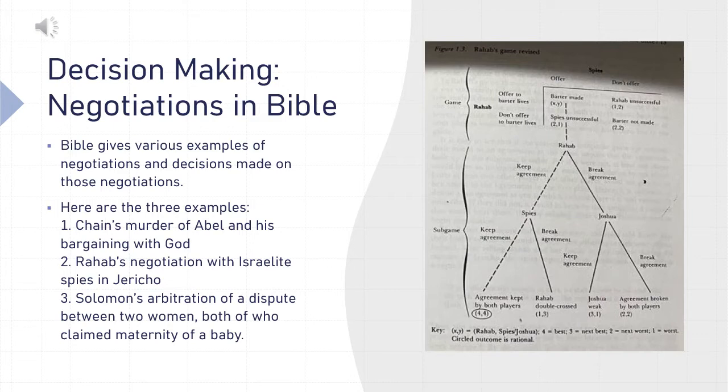In the first case, Cain's murder, after being expelled from the Garden of Eden, Adam and Eve became parents, first to Cain and then to Abel. Cain was a tiller of the soil and Abel a shepherd. Within a time, Cain brought an offering to the Lord from the fruit of the soil, and Abel brought his finest firstlings of his flock.